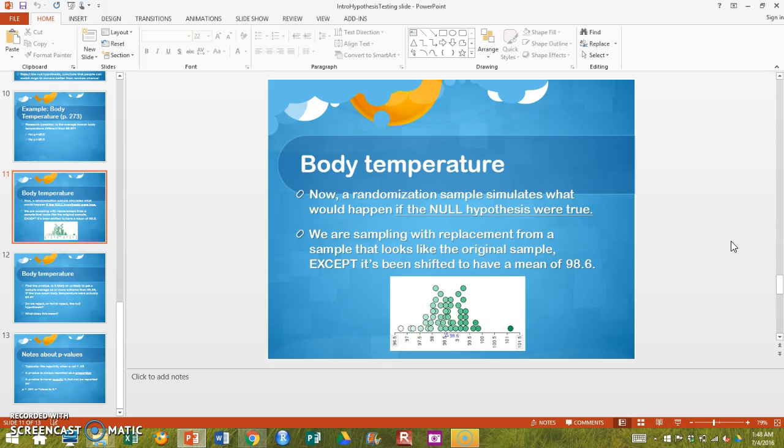We're still going to assume the null hypothesis is true. And what that means is that we're going to assume that in our world, the true mean body temperature is 98.6 degrees.